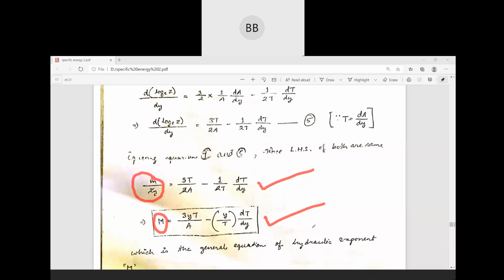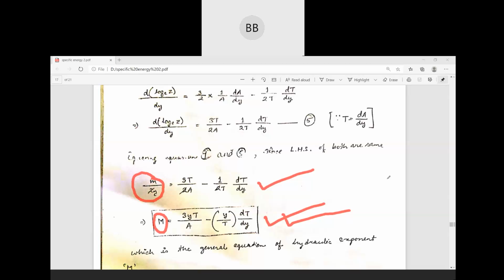You can say it's the final expression of hydraulic exponent for critical flow in open channels. Very simple. First, you have to consider this critical flow condition that Q square T by g A cube is equal to 1.